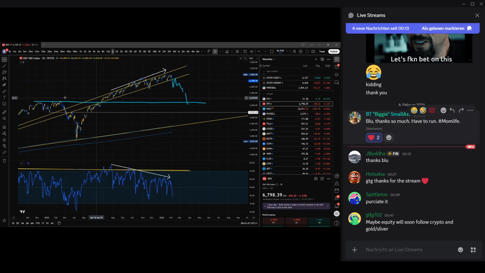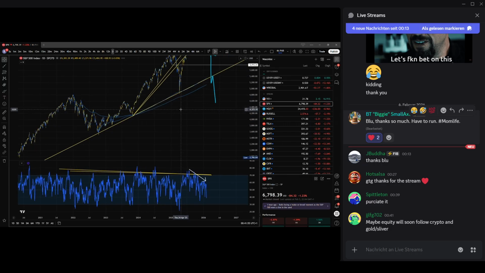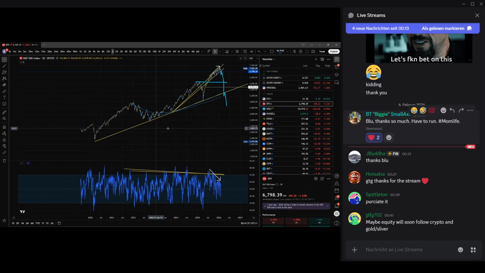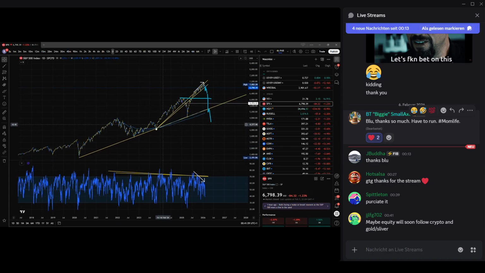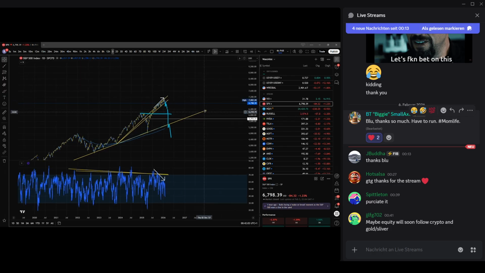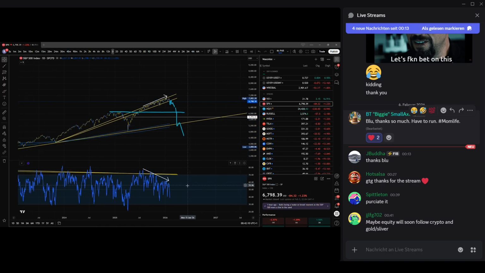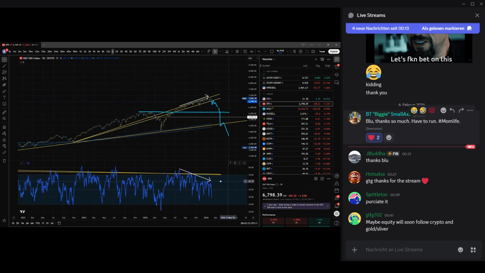Let's see if they really wrap up the bull run and actually fuck over this year, and then do the long overdue high time frame correction, because this steepness of uptrend cannot be maintained, if you ask me, forever. So yeah, it's all there to actually die.